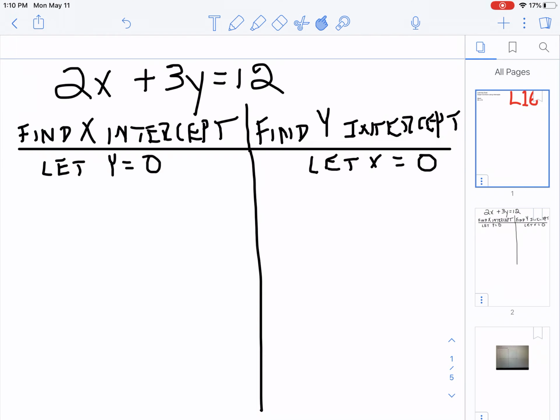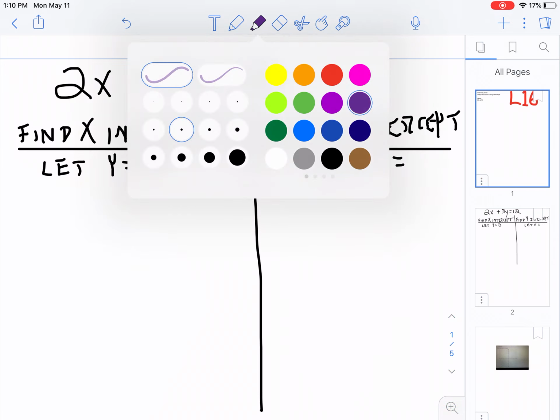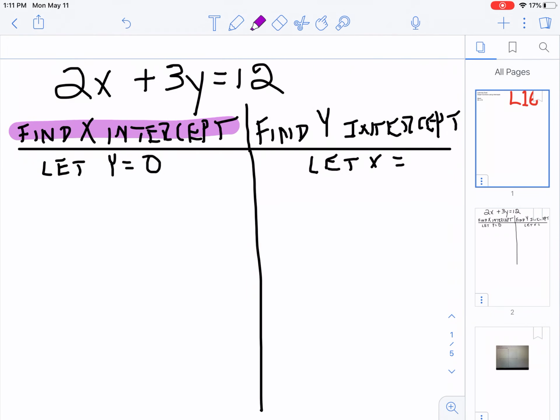So what we learned in L15 was to look at the equation, in this case 2x plus 3y equals 12, and if we're going to find the x-intercept, we let y equal 0.